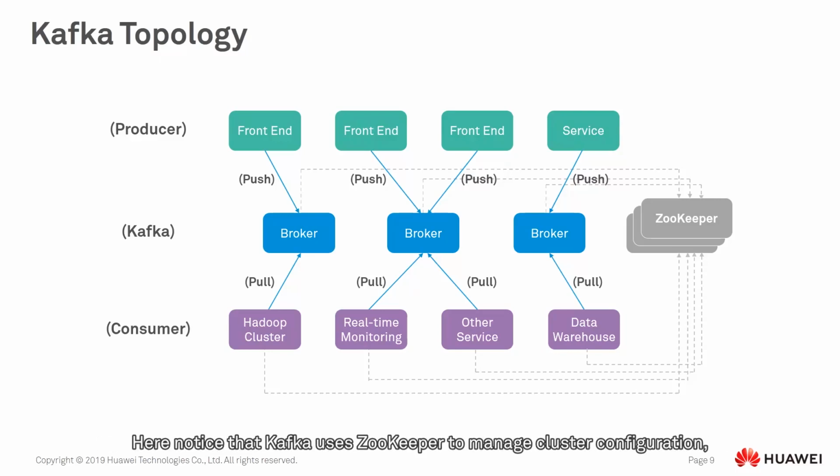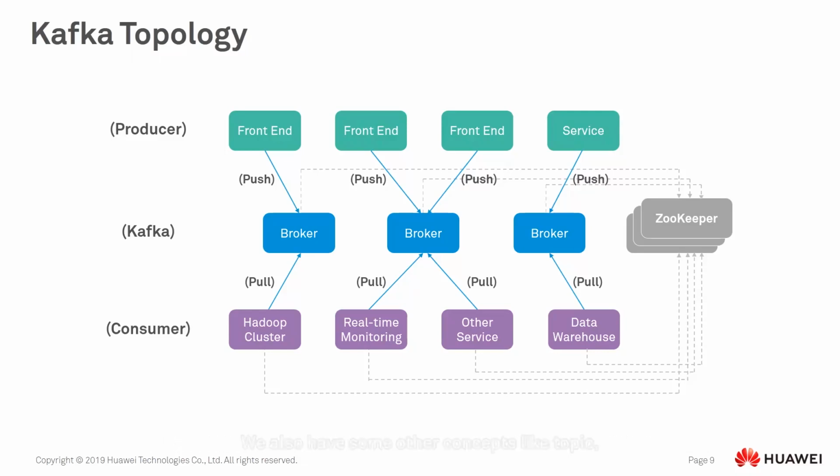Here, notice that Kafka uses Zookeeper to manage cluster configuration, elect a leader, and rebalance data when consumers change. We also have some other concepts like topic, partition, partition offset, consumer group, and so on, so let me explain them one by one.